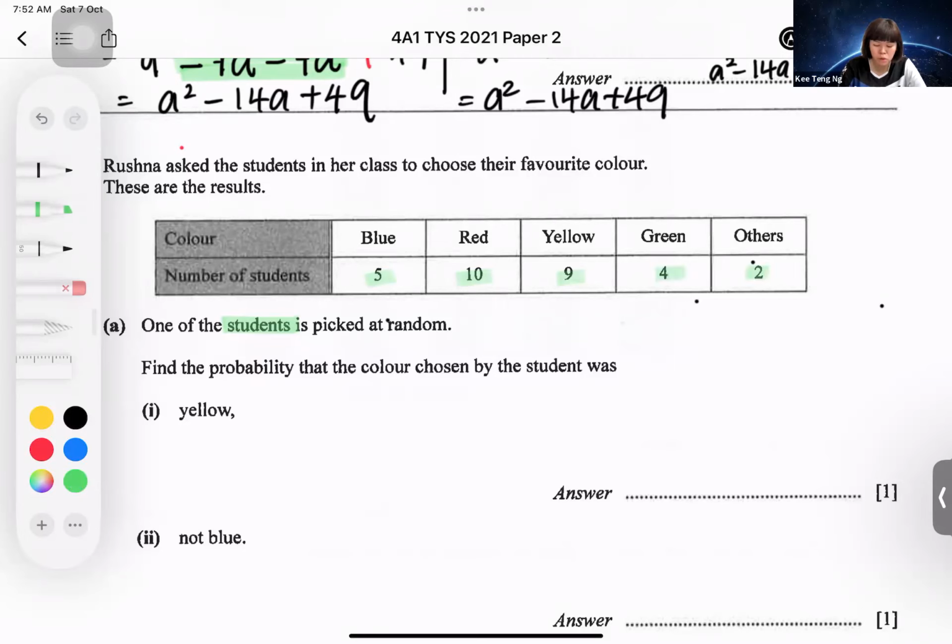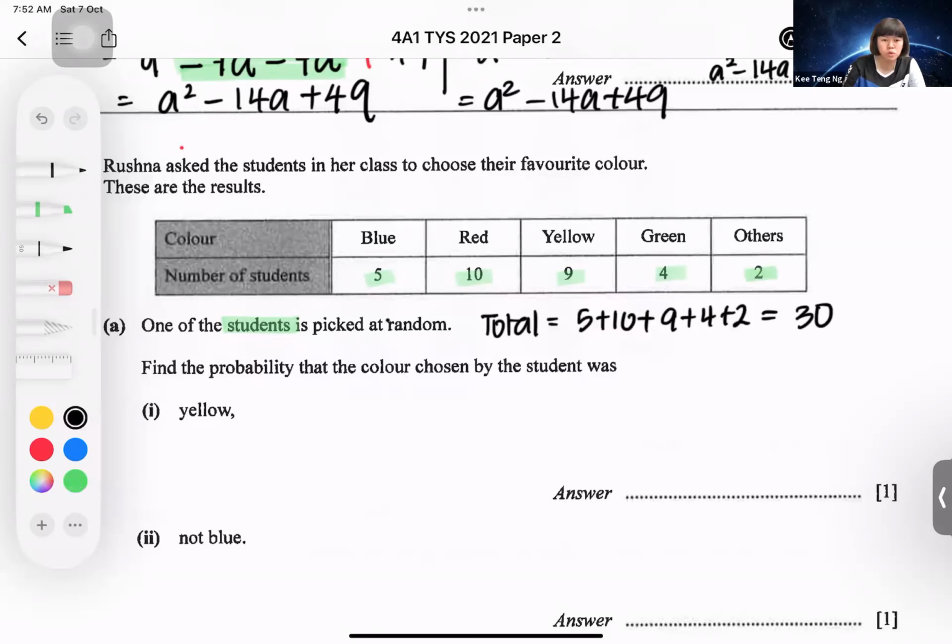In this case, they didn't make the question easy for you. You have to calculate the total. Since they didn't tell you how many students, you need to find the total first. And I get a total of 30 students.